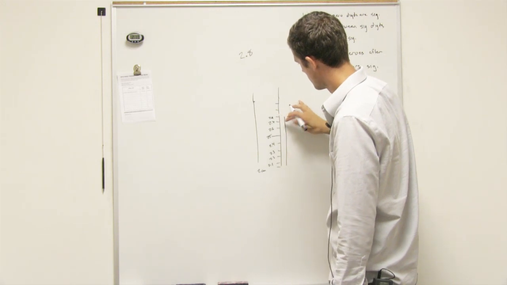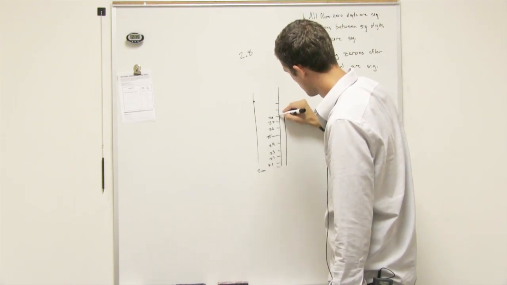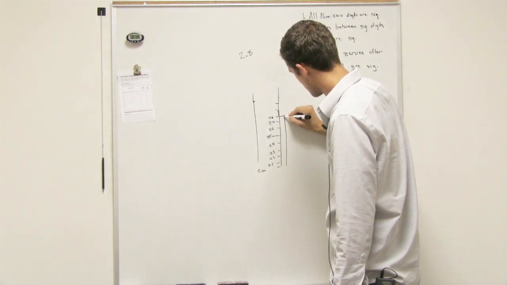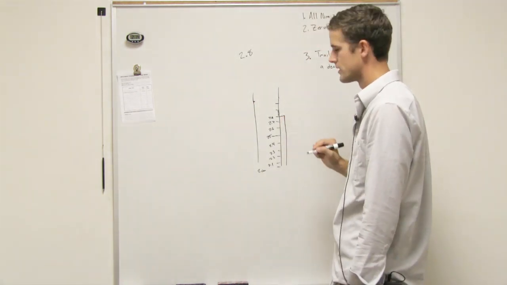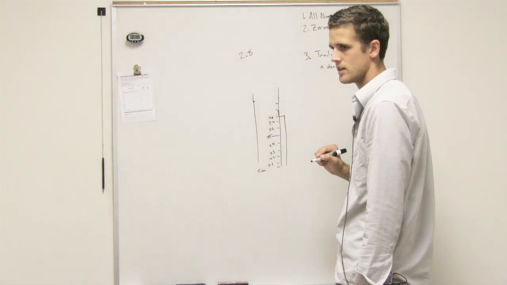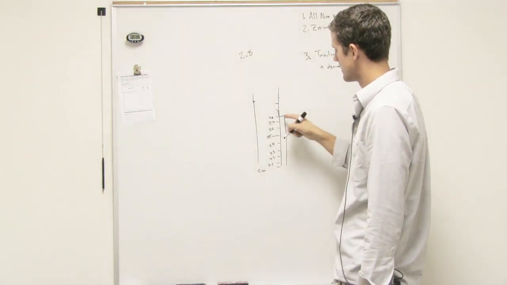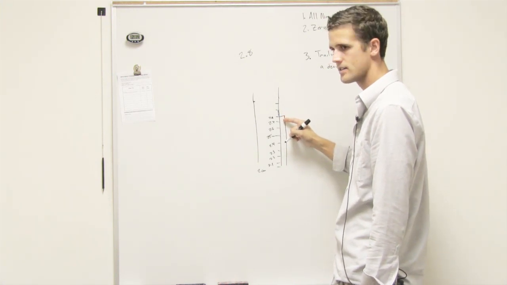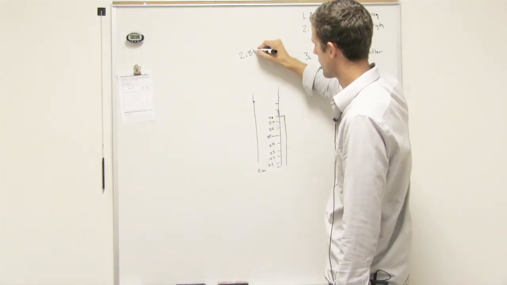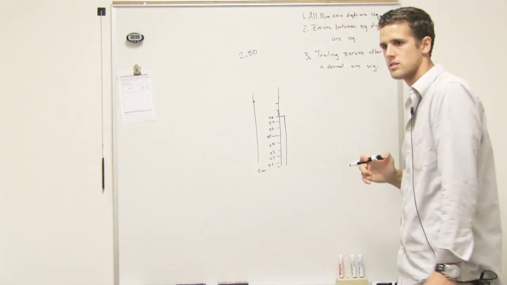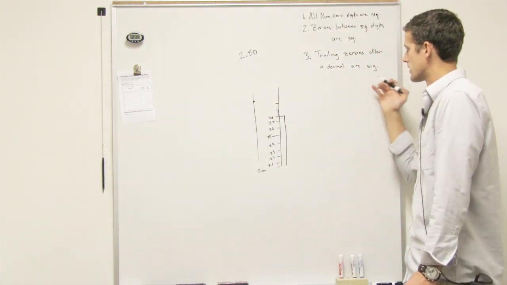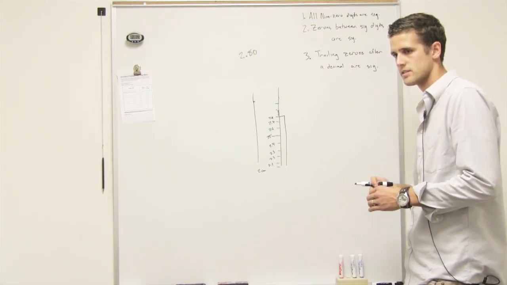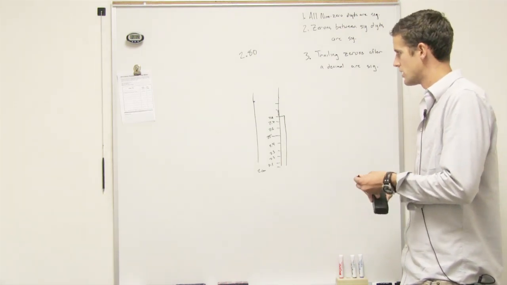Now what if you had a more accurate ruler, with all these little lines in between, and what you're measuring came to right there? It's still 2.8, right? But you know for sure that it's not 2.81 or 2.79. So now you could say 2.80. So that's why the trailing zeros are significant.